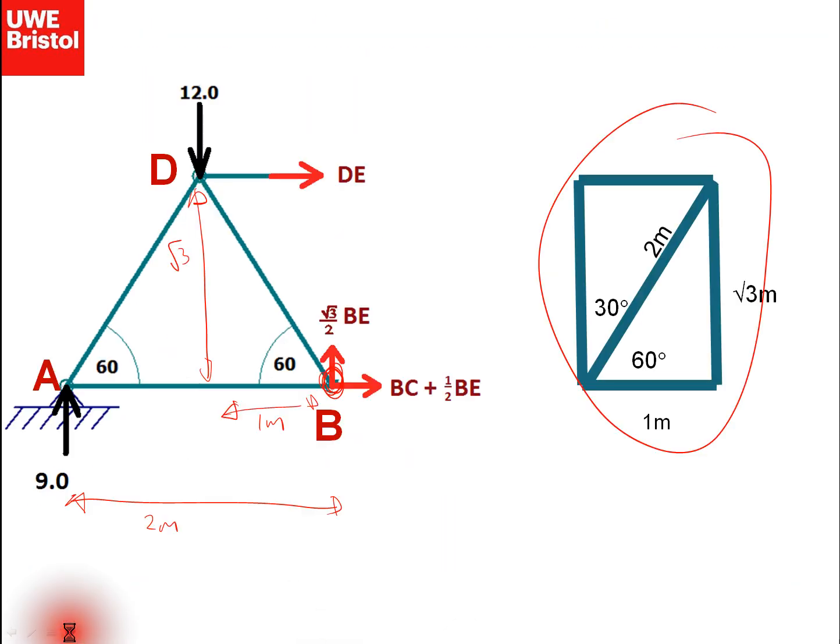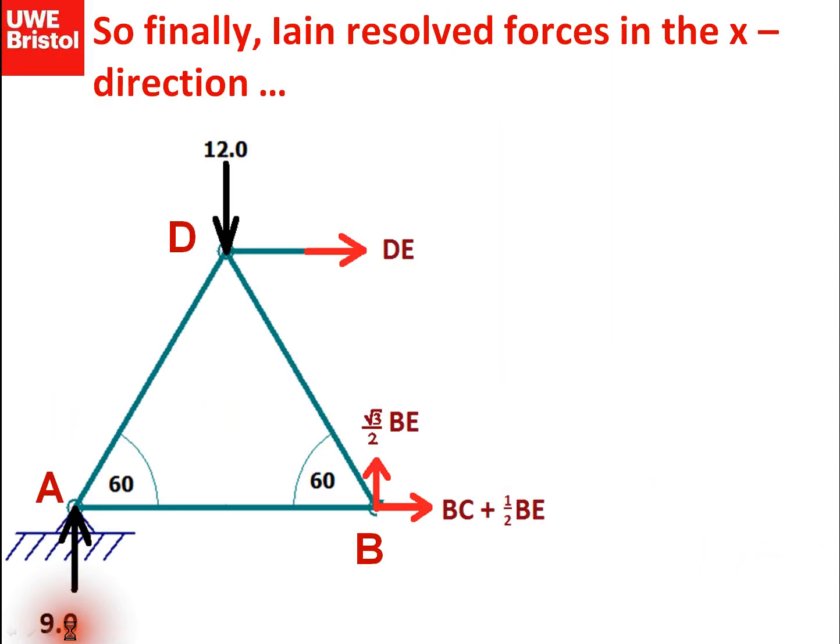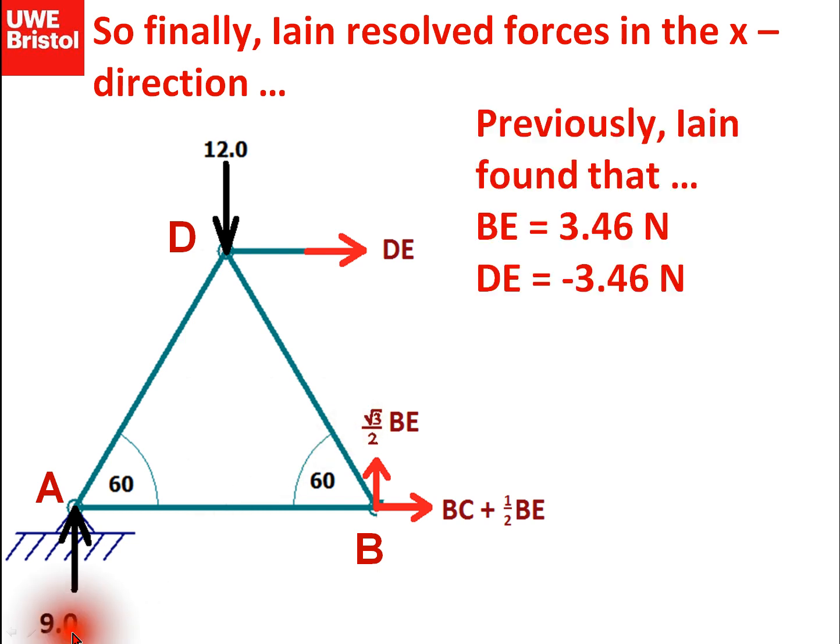Right, so the final thing is we're going to resolve the forces in the x direction. In this case you see that we're going to have DE plus BC plus half BE equals 0. I worked out what DE was and what BE was from my previous attempts. Previously I found that BE was 3.46 and DE was minus 3.46.